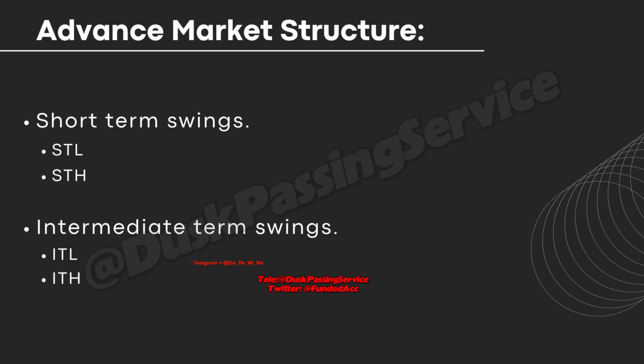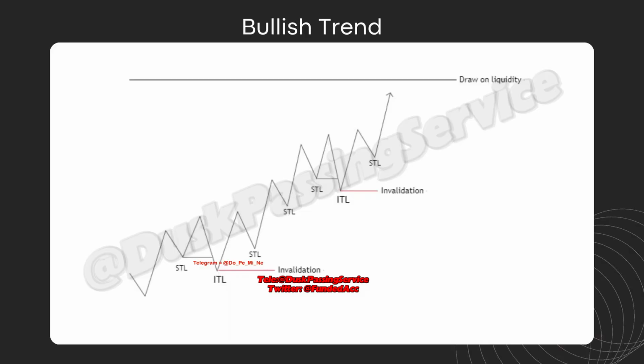But you need to remember that these are the main aspects and key elements which make up advanced market structure. So right here we've got a bullish trend or an uptrend, and our drawn liquidity is higher, right? That's the framework we're working with. So we learned that in an uptrend, we break above highs and we reject below lows. That's how we accurately define and objectively classify market structure into an uptrend precisely, right?